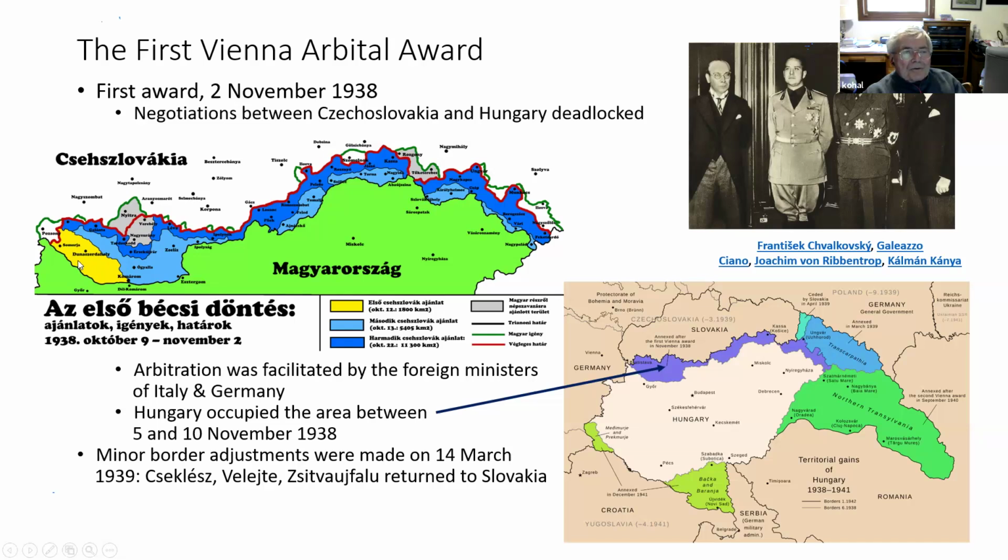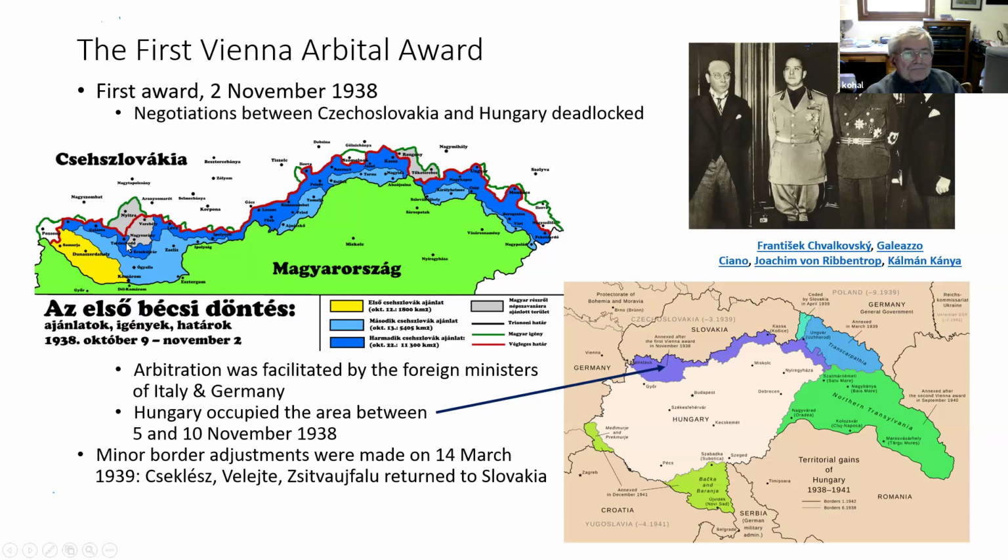The yellow was what the Czechoslovak government was offering to return to Hungary with the first offer. Then the light blue was their second offer, and the third was the dark blue. And the Hungarian government wanted the territory that was included with the green, and it ended up getting the red.